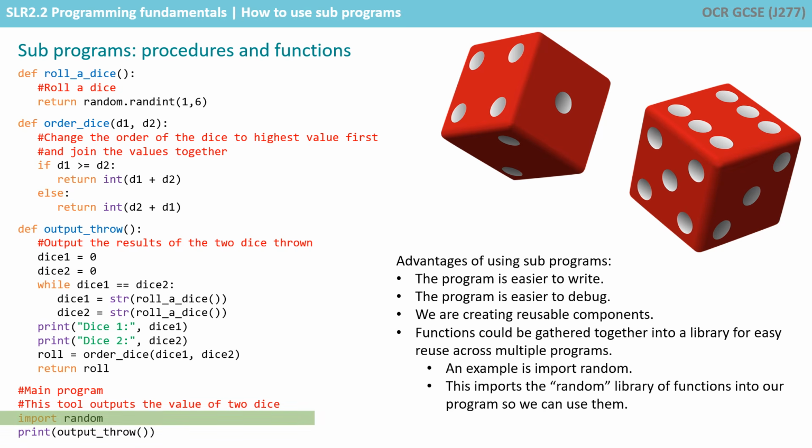Indeed, we're using an example of a library in this program, and you have done this already in programming without realizing. We have a library called random, which we import into our program at the beginning. This imports the entire random library of functions into our program, so we can then use those functions within our program.